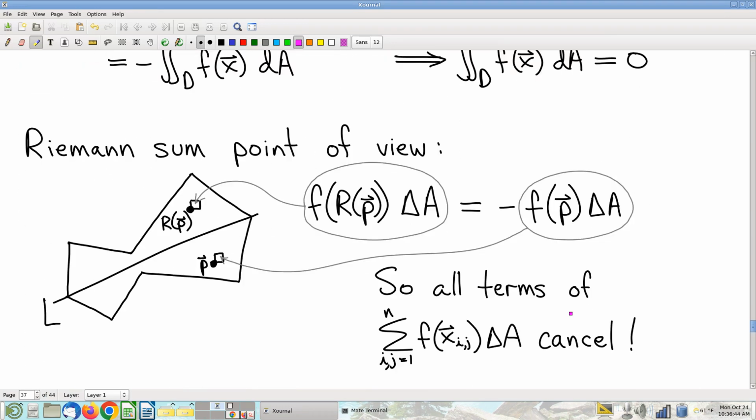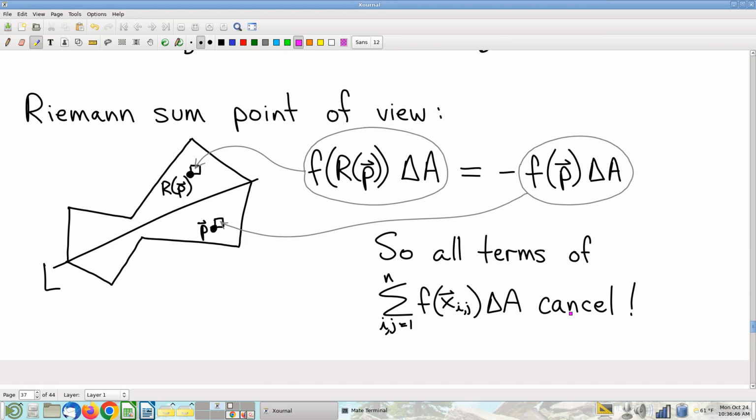Okay. And again, if you want to see this a little bit more geometrically, a little bit less algebraically, here's a Riemann sum point of view. Here is a domain, an arbitrary random kind of domain, but which is symmetric over a line. And assuming that our function has odd symmetry, we get basically the same argument.